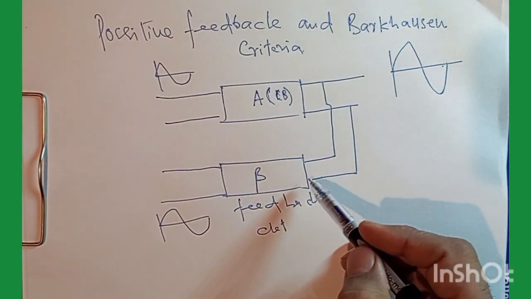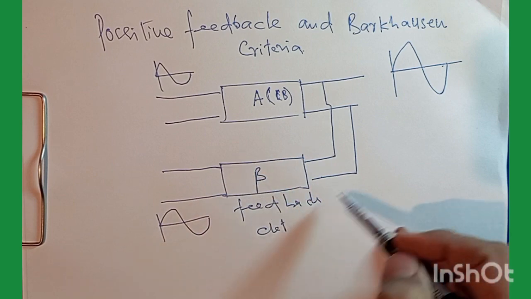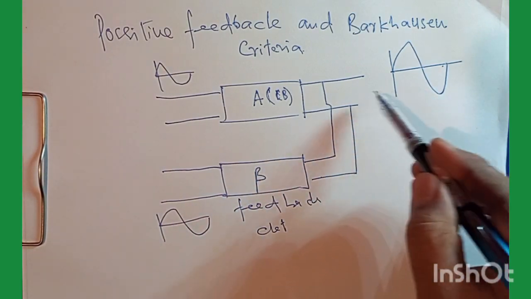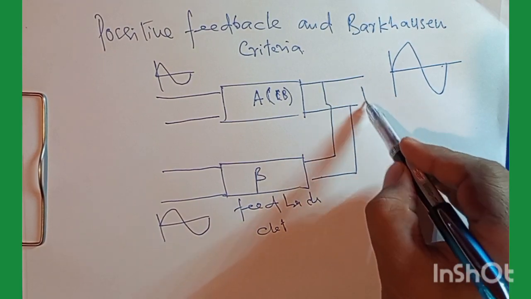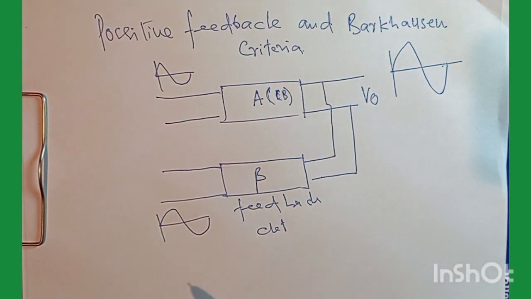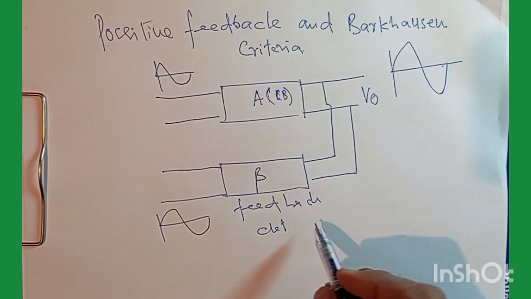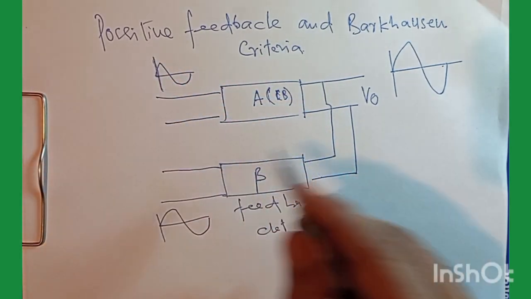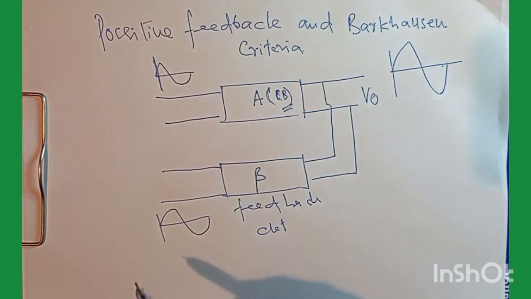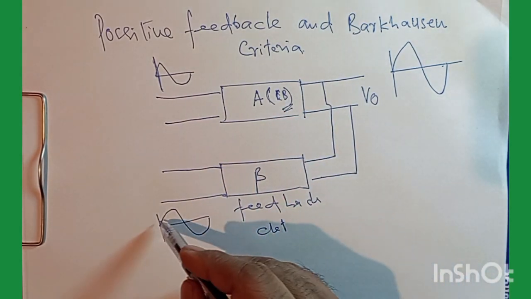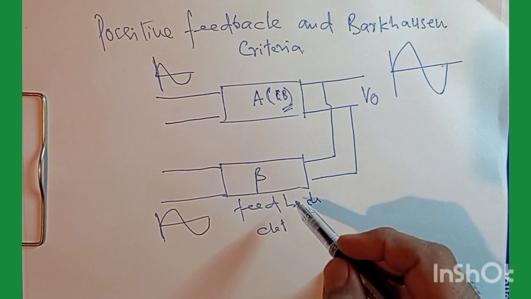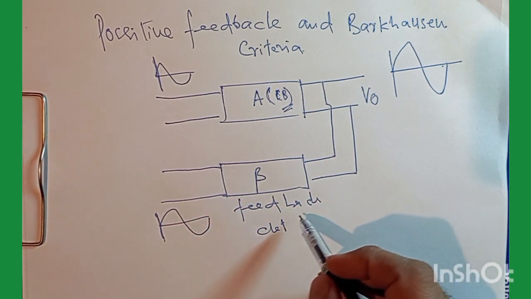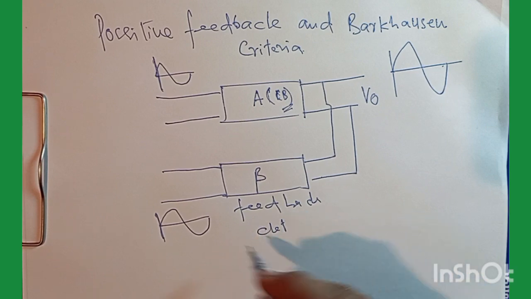But then the job of the feedback is that it has to again change the phase of the signal coming from this V out to the feedback circuit, so that the signal that we have subjected to common emitter will come in the same phase once we obtain it at the feedback circuit.